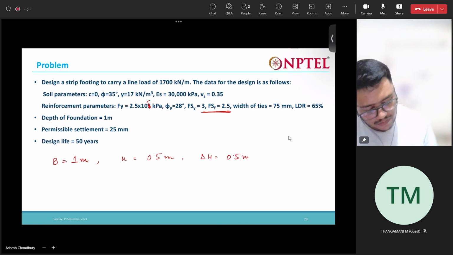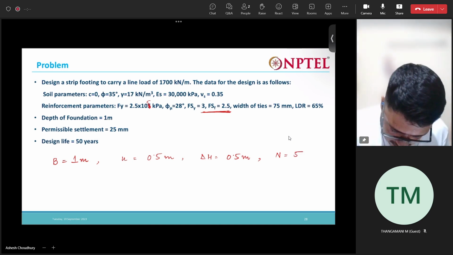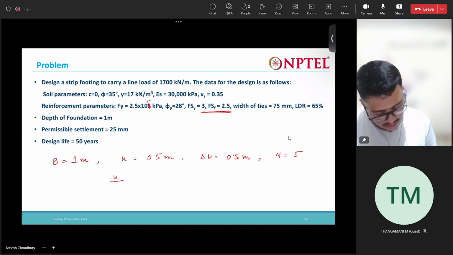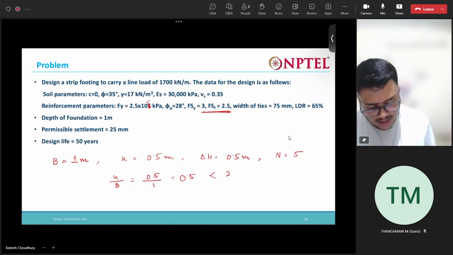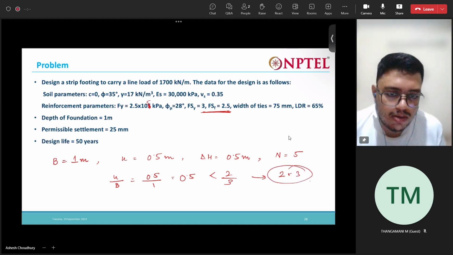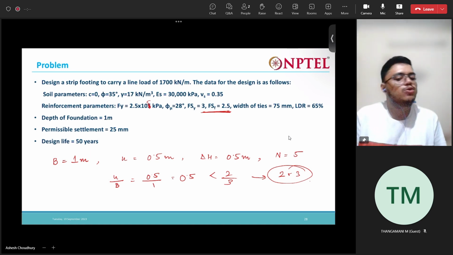Number of reinforcement layers, let us assume it as 5. So what is u by b here? u by b is 0.5 by 1, equal to 0.5. It is less than 2 by 3. So that's why we are getting mode of failure 2 or 3, and we are designing it that way. So there are chances of mode of failure 2 or 3.